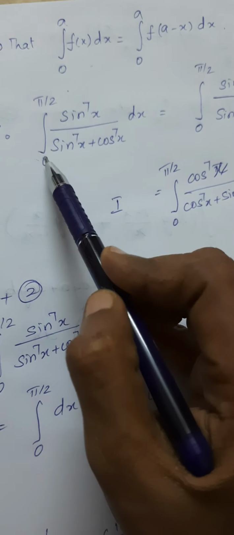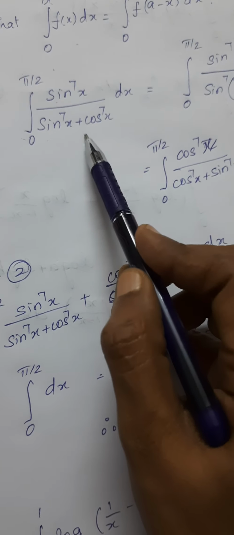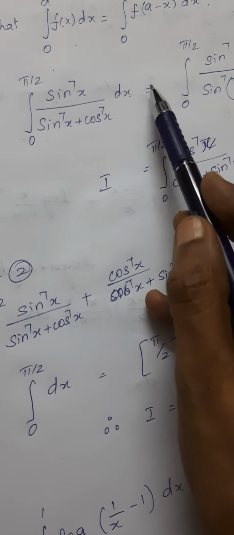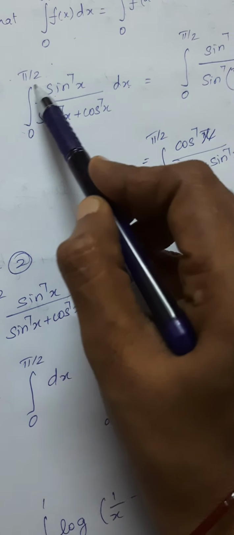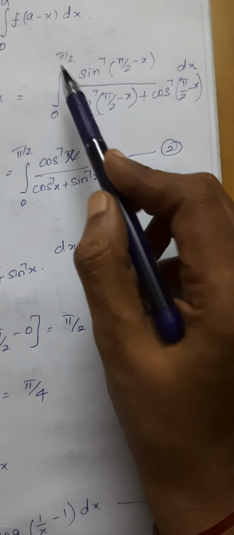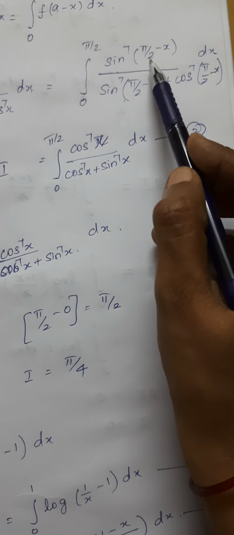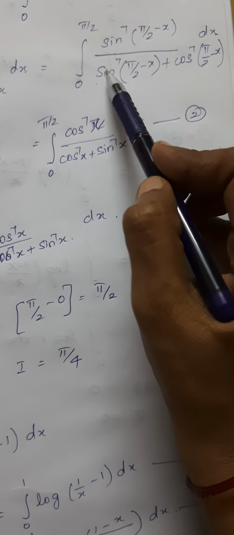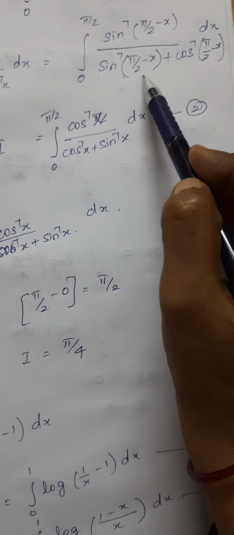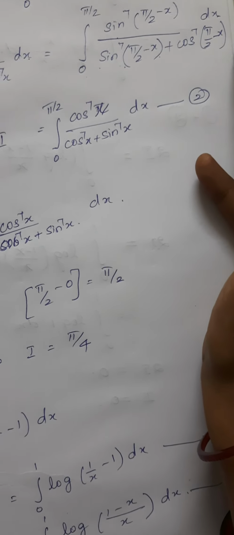So integral 0 to pi by 2 sin 7x by sin 7x plus cos 7x dx is equal to, see here, a is pi by 2. So in this place we are going to substitute that. Integral 0 to pi by 2 sin power 7 of pi by 2 minus x by sin power 7 of pi by 2 minus x plus cos 7 of pi by 2 minus x.